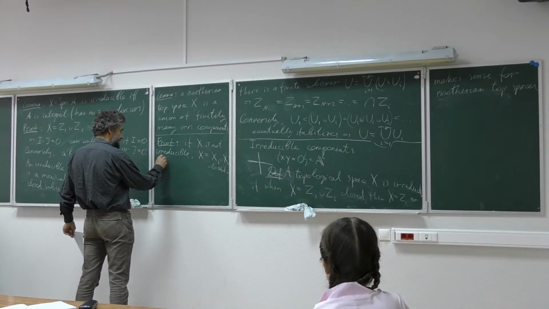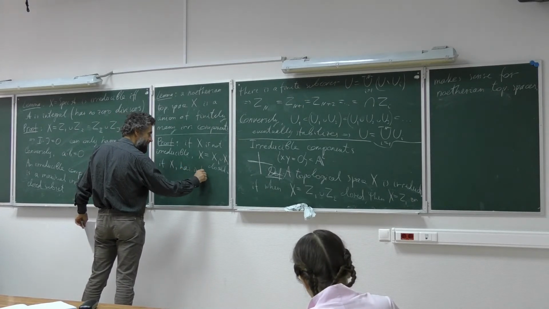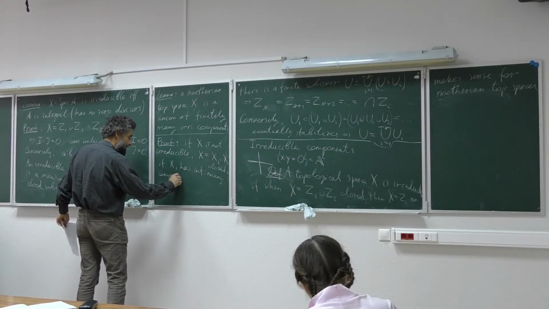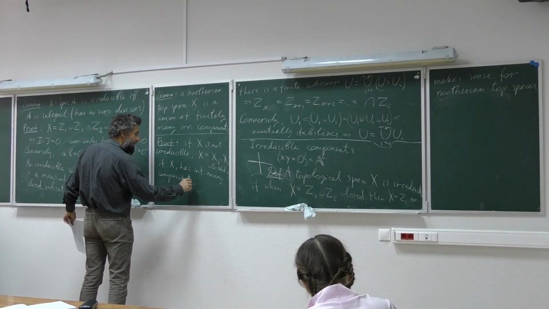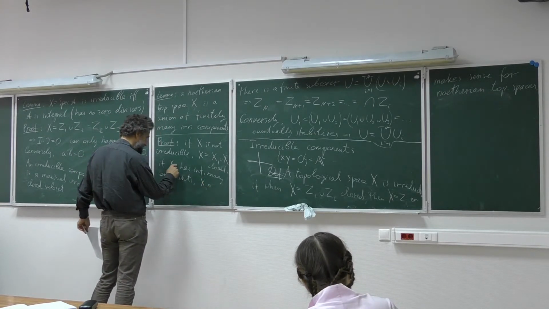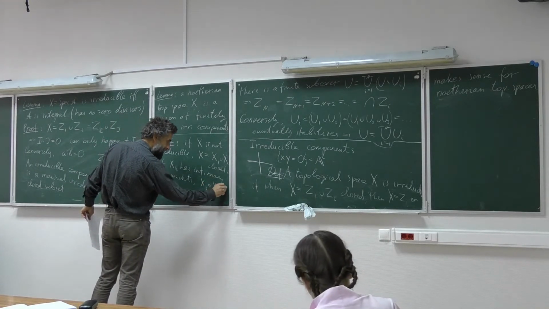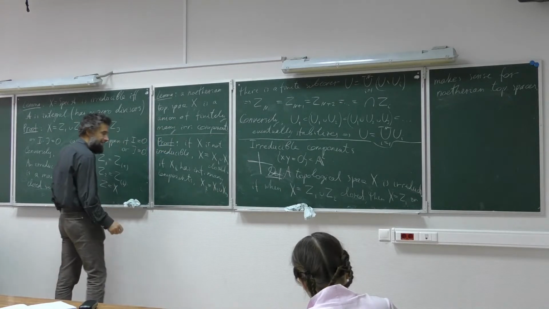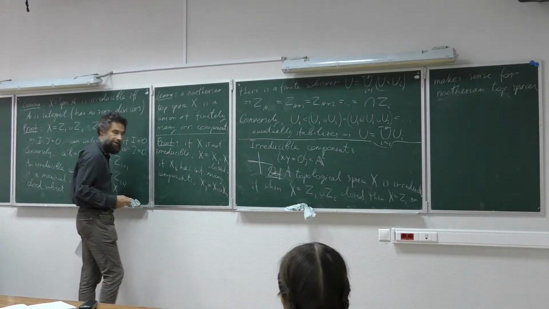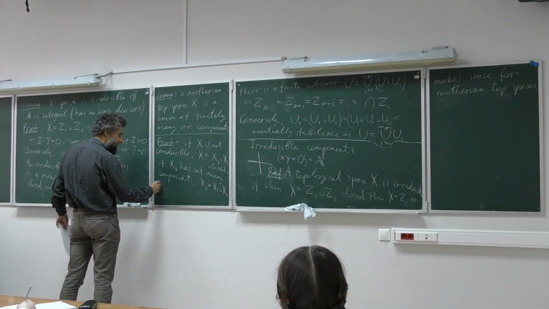So say X2 has infinitely many components. Then X2 is X3 union X4, and they are simultaneously components in X, and so on.